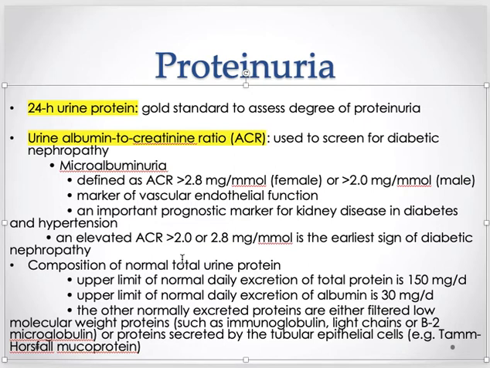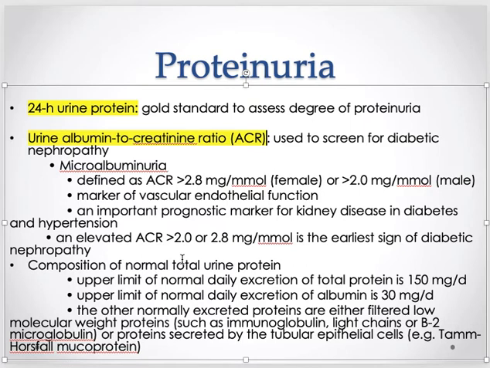This one is very good as a screening test for diabetic nephropathy. In diabetic people, there is presence of proteins in the urine, or microalbuminuria can be there. So this one is very good to check for that.